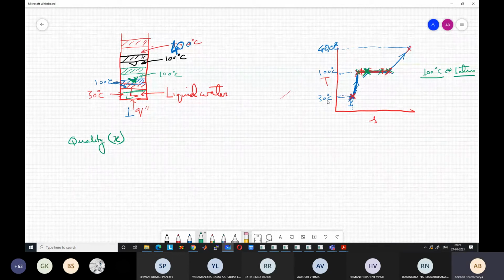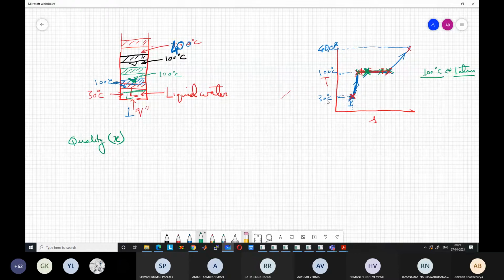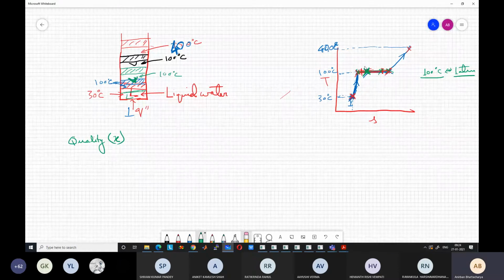So quality is the mass fraction of vapor in the steam. Steam consists of both liquid water and vapor, at 100 degrees centigrade for this case. So mass fraction of vapor by the entire mass. Let me remove the dots. The dots are not relevant here.